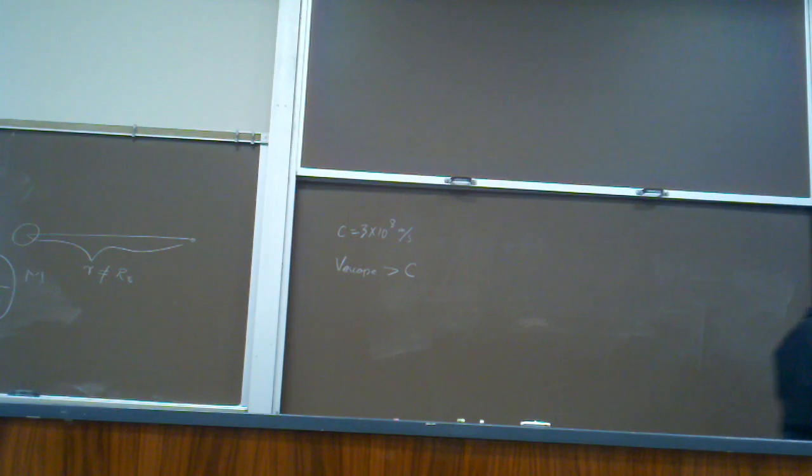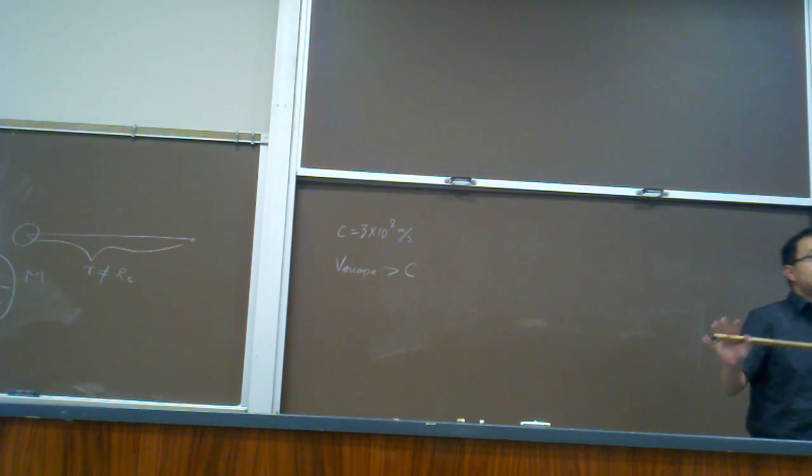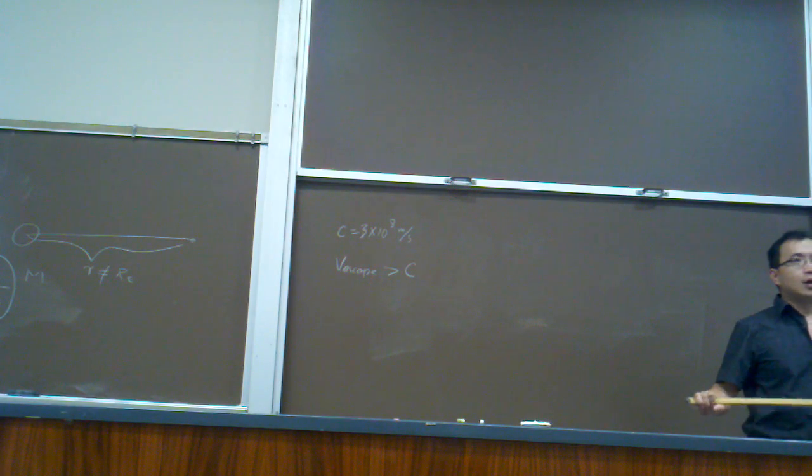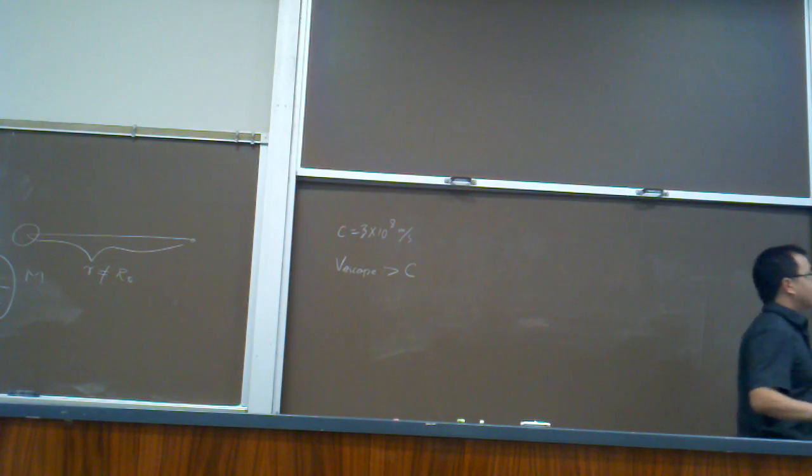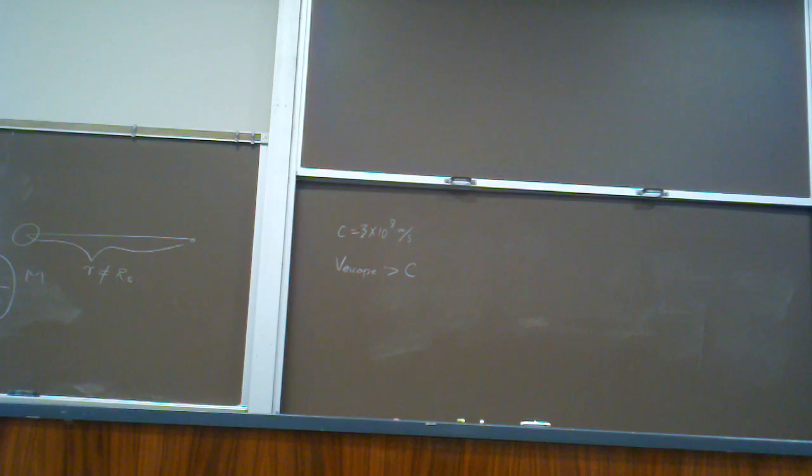And experimentally, how can we discover a black hole? Because you cannot see it. How can we try to study the black hole? We can observe a black hole indirectly. It happens sometimes.